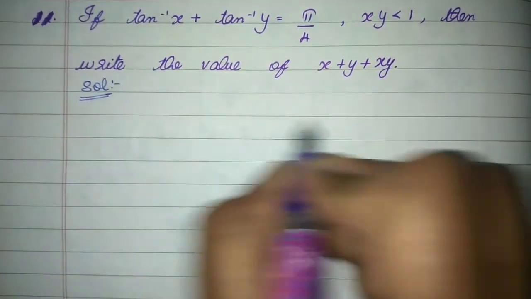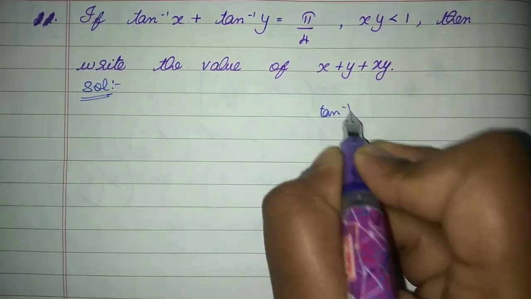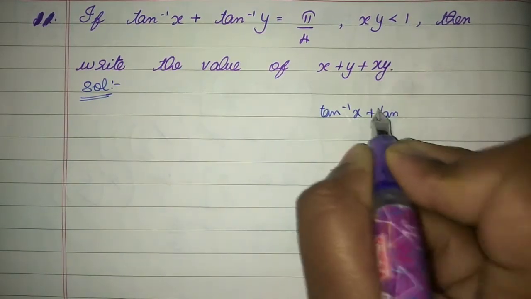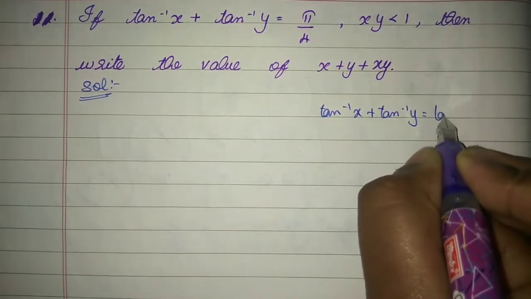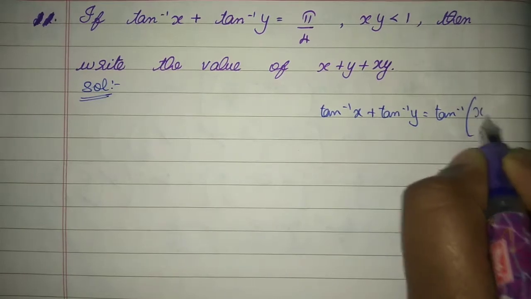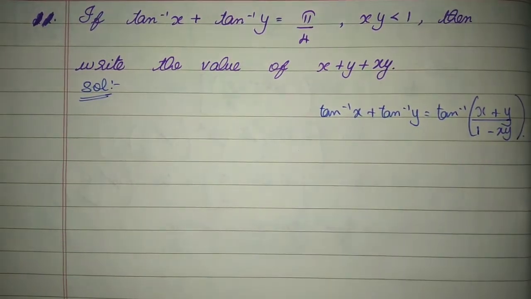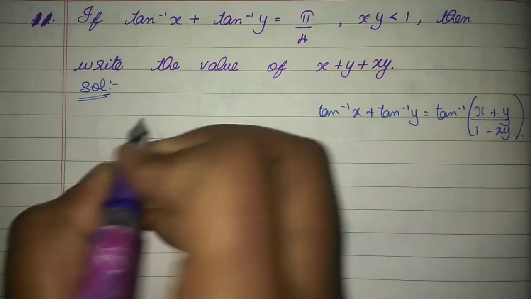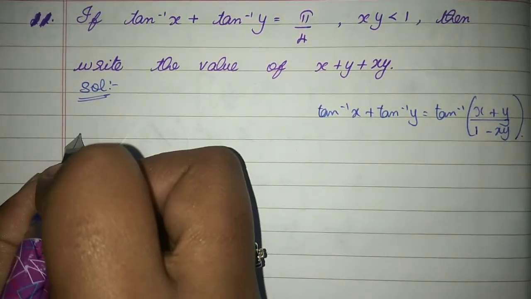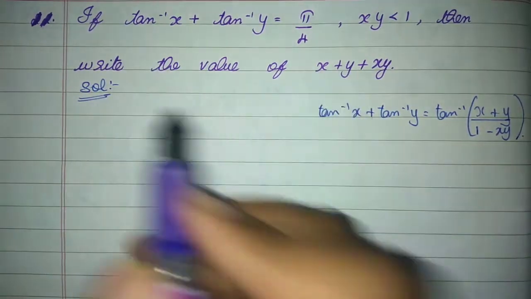So we know the formula, tan inverse of x plus tan inverse of y is equal to tan inverse of x plus y by 1 minus xy. This is the formula that we will be using. So I will be just writing it directly.